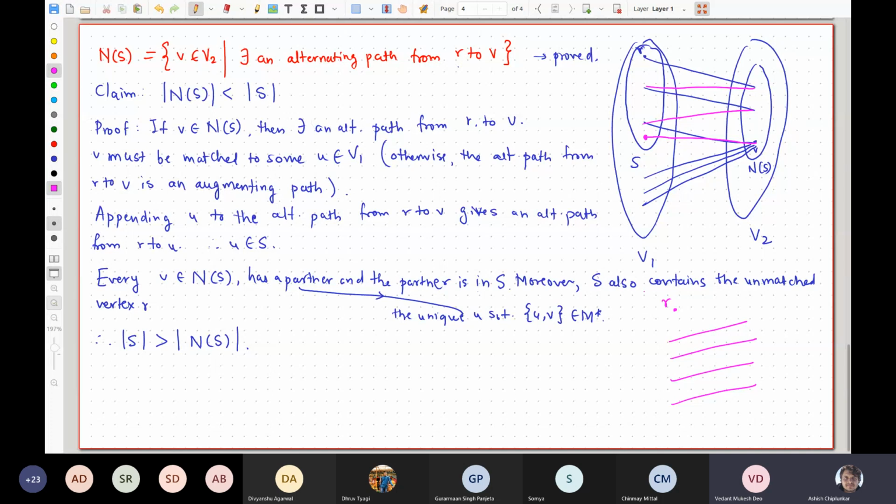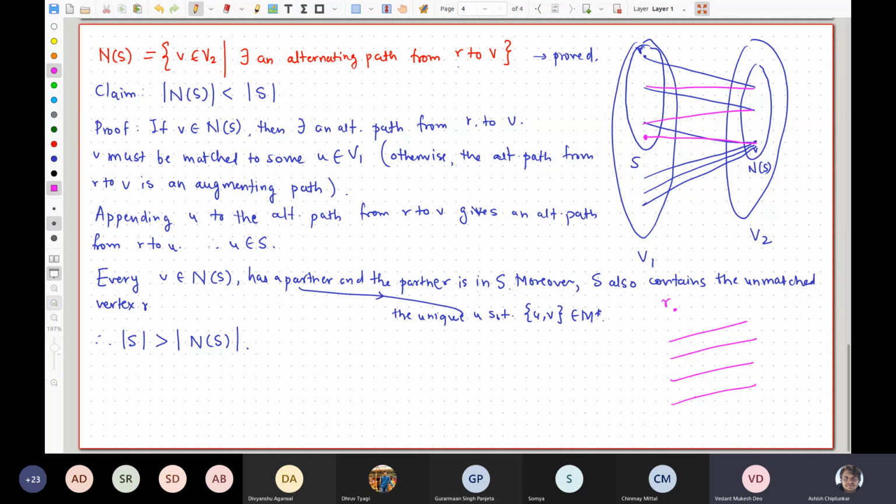What is NS then? It is empty, but that is also equal to the set of points in V2 which are reachable by alternating paths from R. No, NS by the original definition are those 4 points, right?